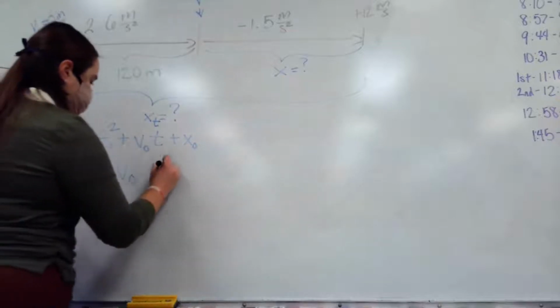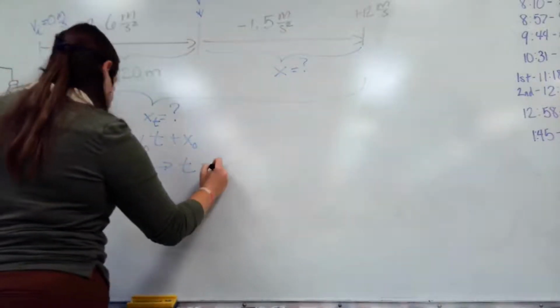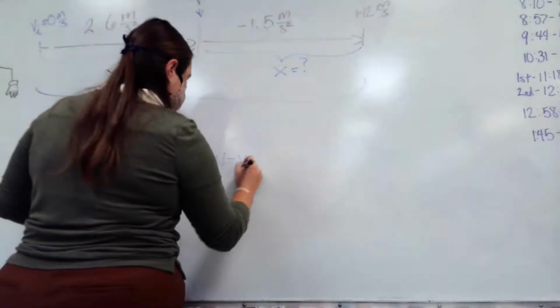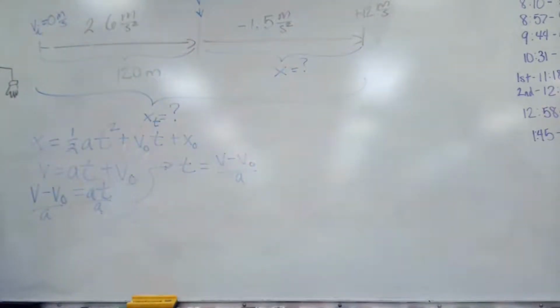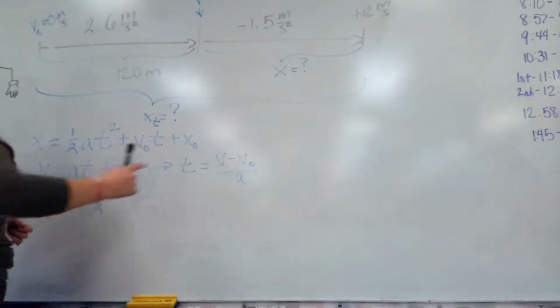So we get the useful thing that t equals v minus v naught over a. Good? Okay. Now, when I put this in this equation it's going to look really gross. Trust me on this. There's a lot of zeros in here. So it's not nearly as gross as what you guys think it looks like. Cool? Okay.